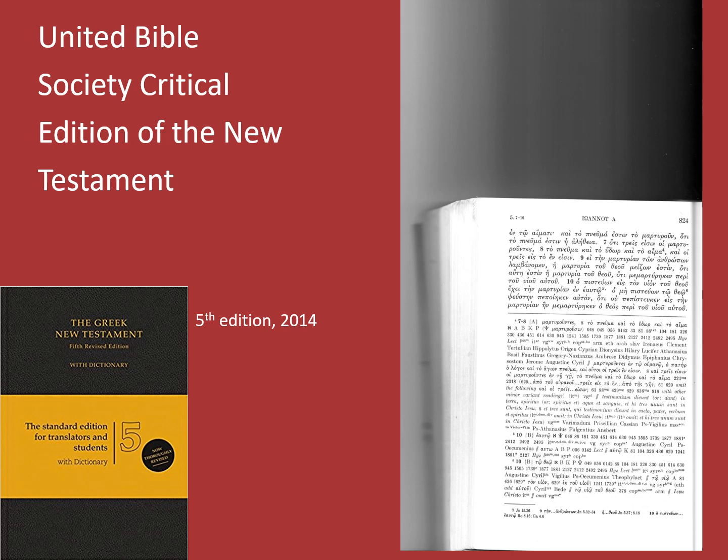Now, we have, as you might remember, over 5,000 different kinds of evidence overall for the New Testament. So you can see that the apparatus doesn't include all the information. Otherwise, it would be an incredibly long book.